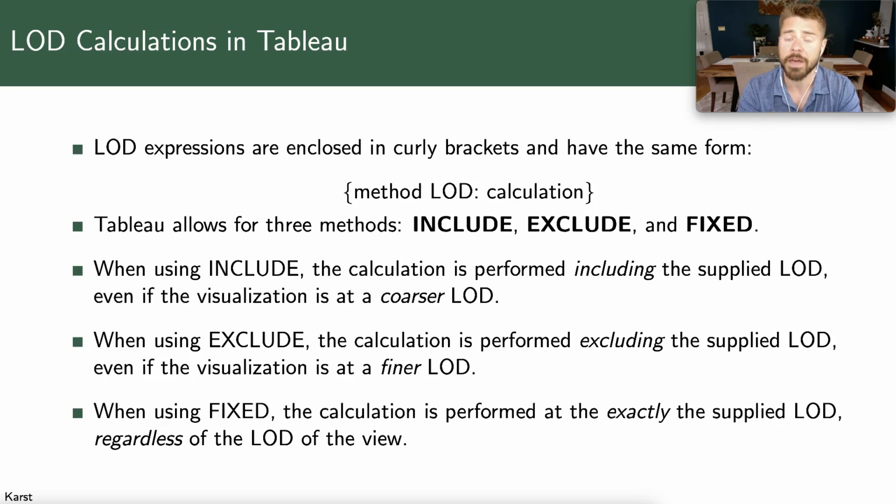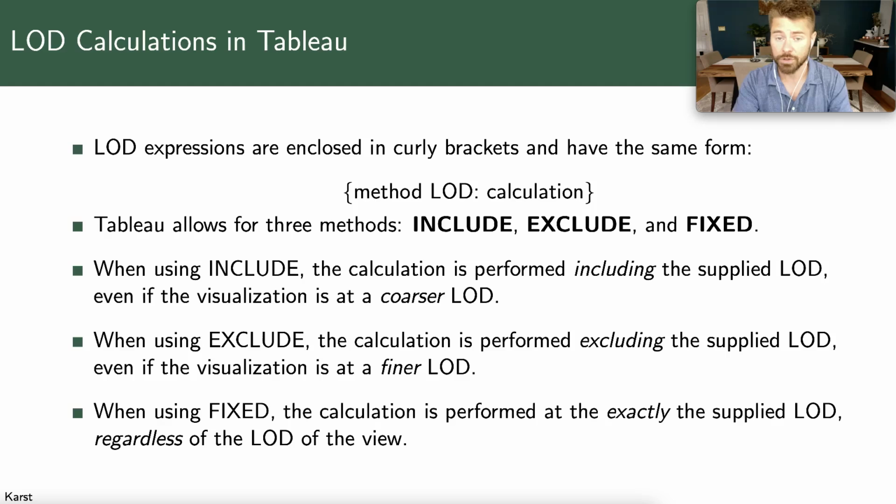There are three methods in Tableau that we can use: include, exclude, and fixed. Include says, regardless of what the level of detail of the view is, no matter how coarse it is, I need you to include the level of detail that I'm going to specify when you perform the following calculations. For instance, we might have a visualization that is at the region level of detail, but we want the computation to happen at the country level of detail.